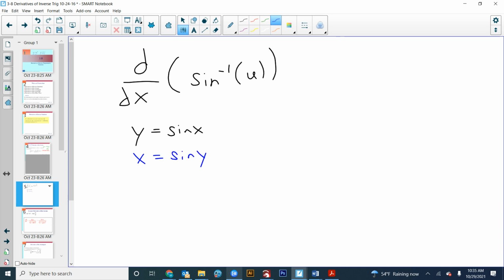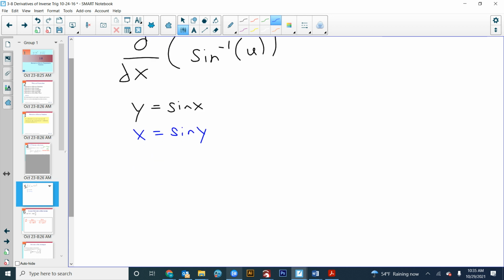And again, I'm only doing this process once. This is a proof. This is not something I want you to do every time. What are you going to do when you take the derivative? Use the template. Done. But I feel like if I'm going to be a good teacher every once in a while, I need to show you where this comes from. All right, so here we go. That's the inverse.